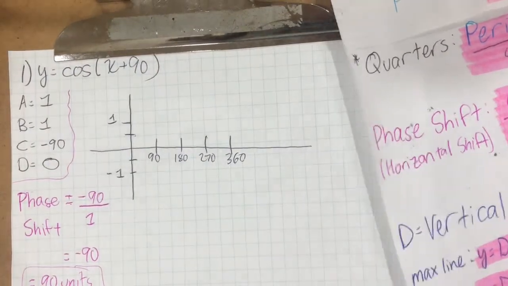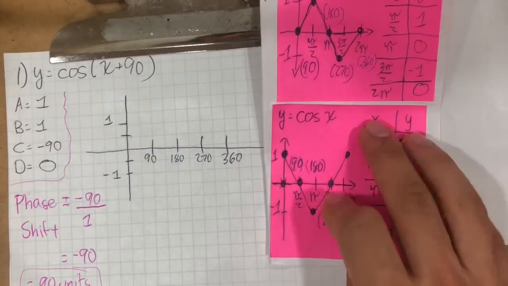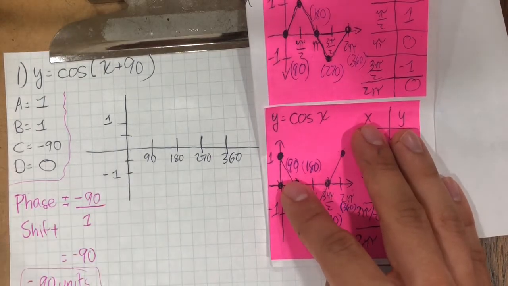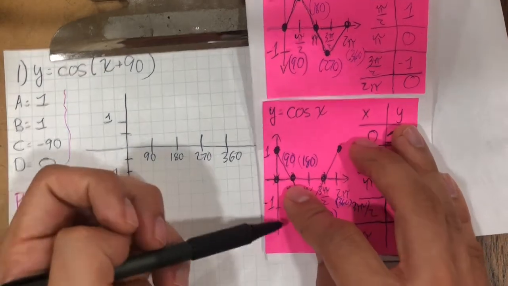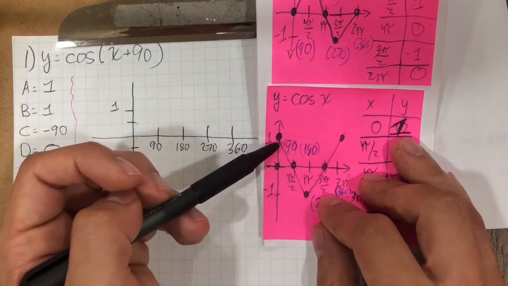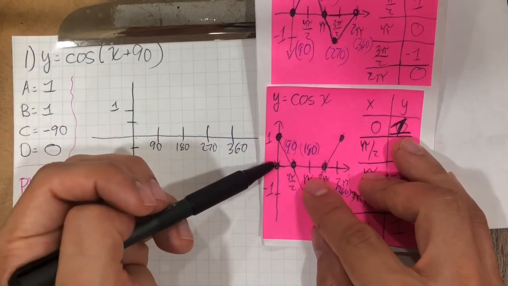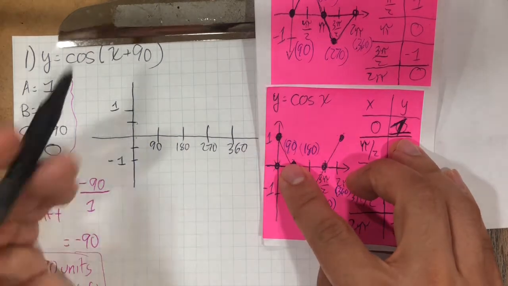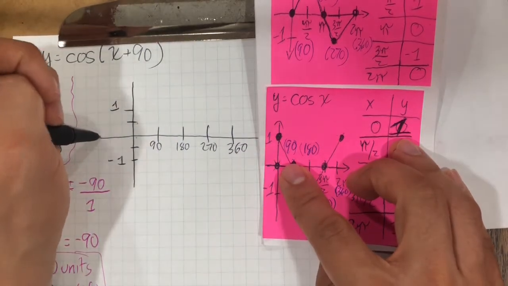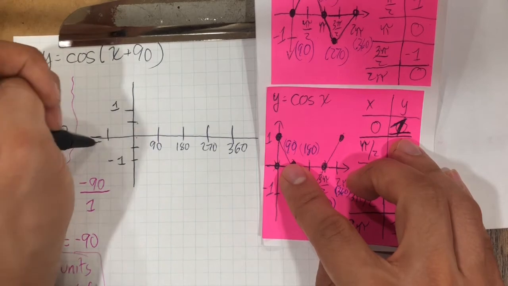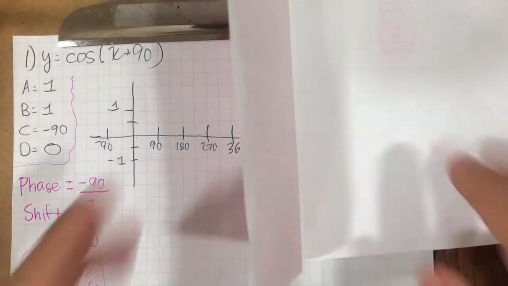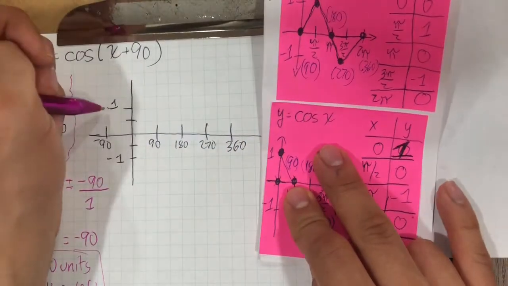For each point, we're going to be moving 90 degrees to the left. Originally, for the graph of cosine of x, we start at (0, 1). But since we're moving 90 degrees to the left, I'm going to start at (-90, 1). Let me graph that with a different color.